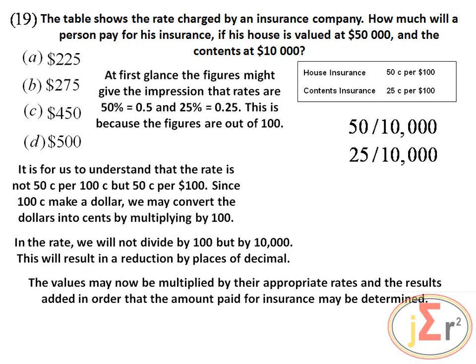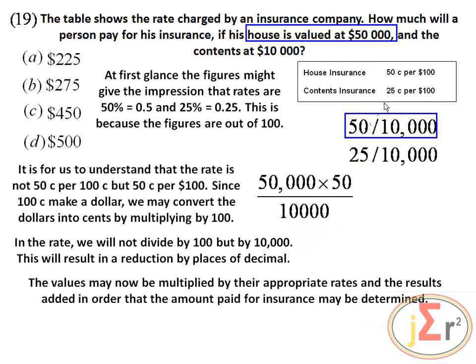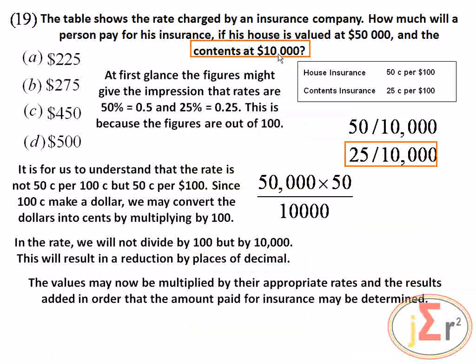So let us take the amount, that one, and multiply by its rate. Then we take this amount and multiply by its rate, which is of course 25 over 10,000.